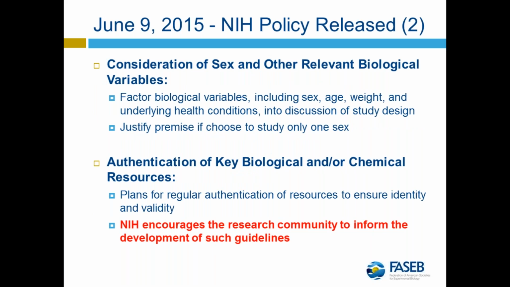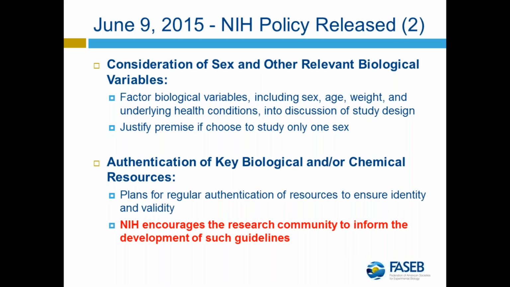The third component, which I already mentioned as part of the scientific premise, but they wanted to highlight as a separate section, is consideration of sex and other relevant biological variables in your experimental design. So looking for a little more clear factoring in of biological variables such as sex, age, weight, and underlying health conditions into study design, and this can be human and animal subjects.